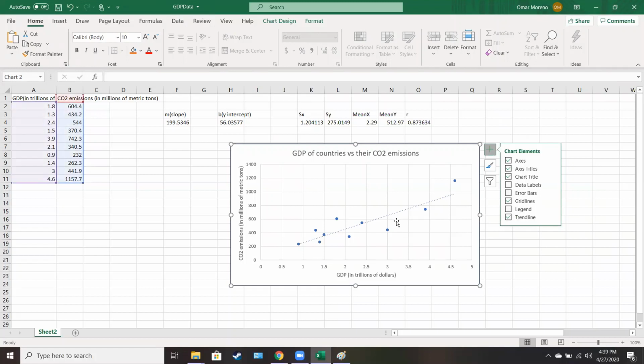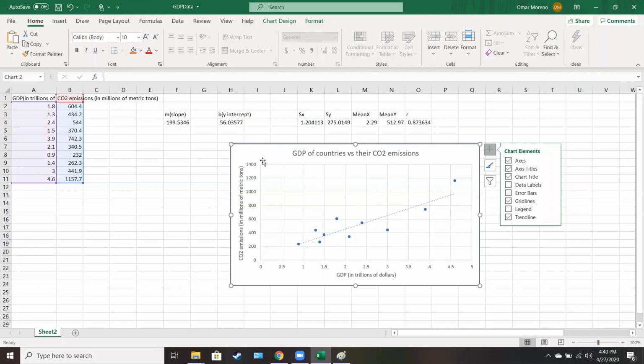Not sure how they find this line, but it seems pretty on point here, right? It seems pretty close to all the points there, right? Your regression line is just minimizing the distance from each of these points to the line, right? Yeah, it might not be exact, but we pretty much have the equation for it if we wanted to, right?